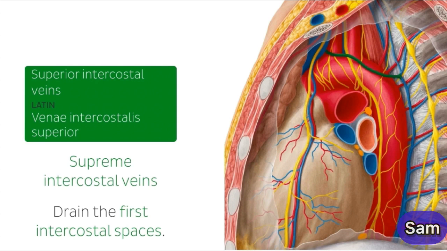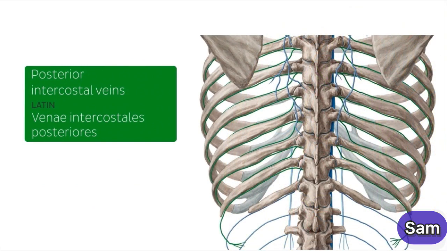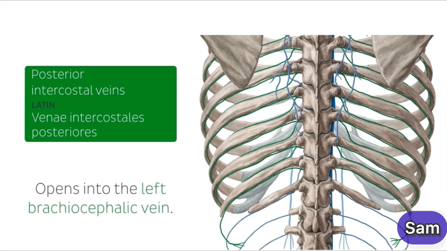Now, going back to our superior intercostal veins, the left superior intercostal vein also receives tributaries from the 2nd, 3rd, and 4th posterior intercostal veins, which are these veins seen just here on the posterior side of the body, and opens into the left brachiocephalic vein.